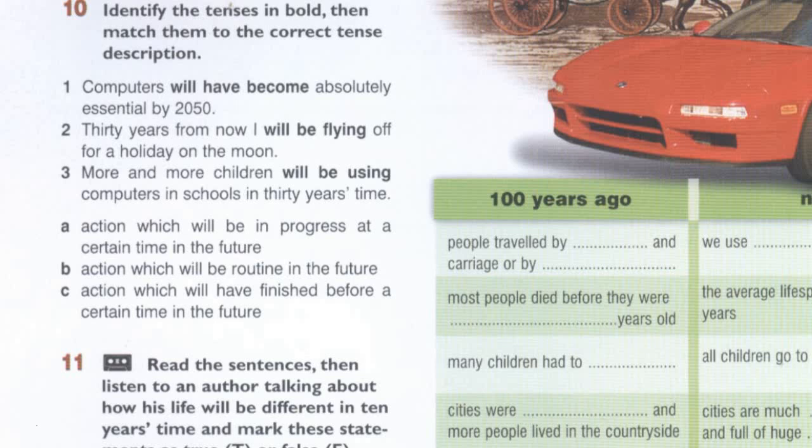This is future continuous, and the format is will plus be plus present continuous, or flying means verb plus ing. And the next one, number 3, will be using. Again, like the item in number 2, this is future continuous: will plus be plus verb ing.